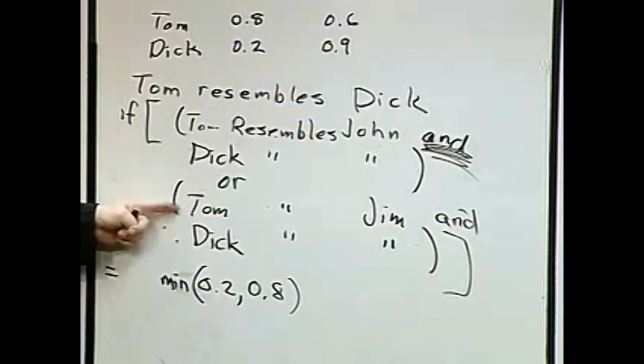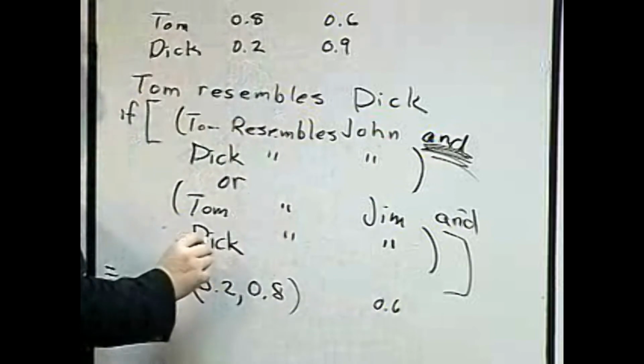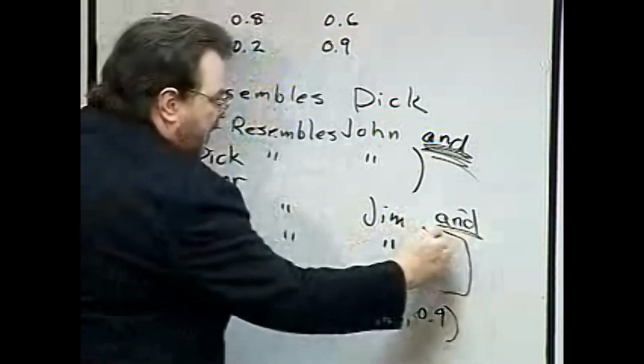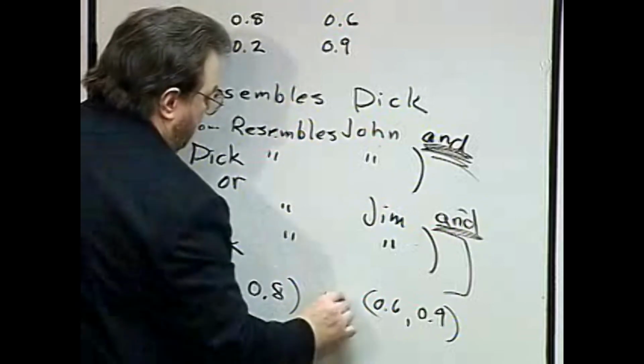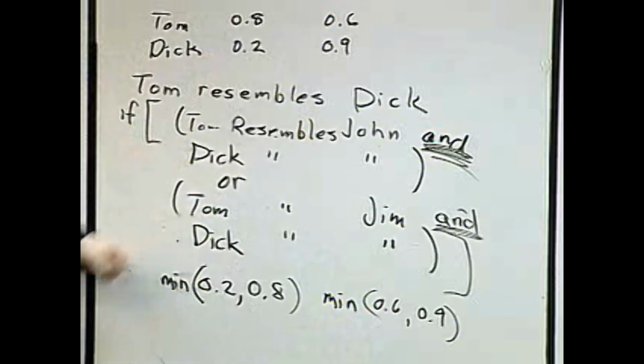Now let's look at the second one. Tom resembles Jim. What do we have? 0.6 and 0.9. This is also connected by a fuzzy and, right? And then both of these statements are connected with an or, which is a fuzzy logic or.